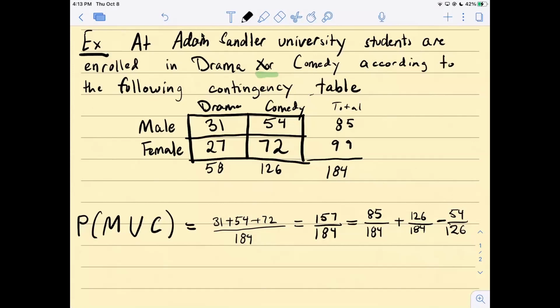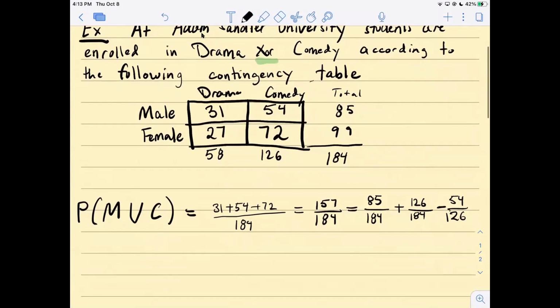So let's do a concrete example. What is the probability? I'll write it in English, and then we'll write the math notation for it.